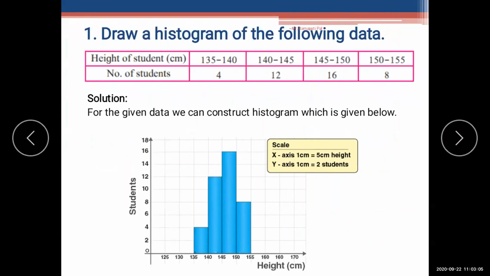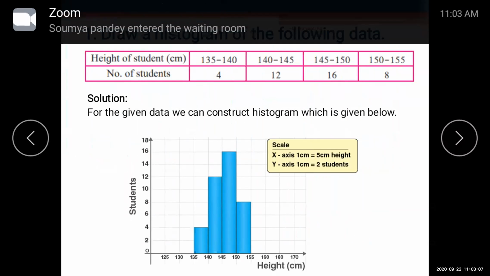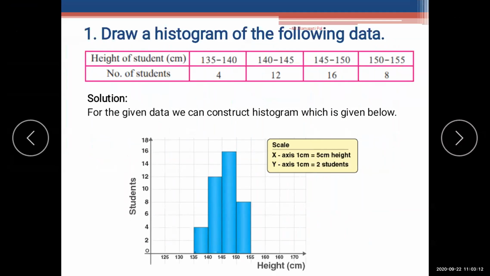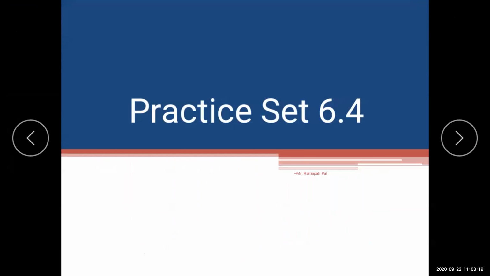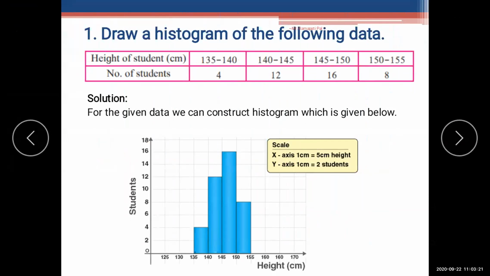Height of the student is given in centimeters: 135 to 140, 140 to 145, 145 to 150, 150 to 155. Correct? Number of students: 4, 12, 16 and 8. So here what we have to see first? The class is continuous.